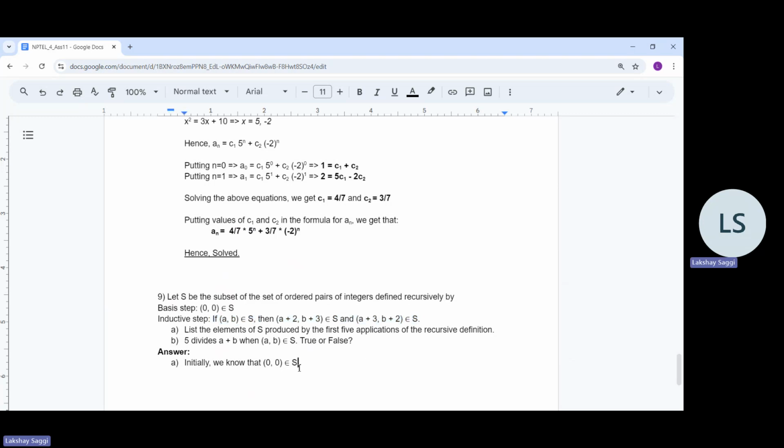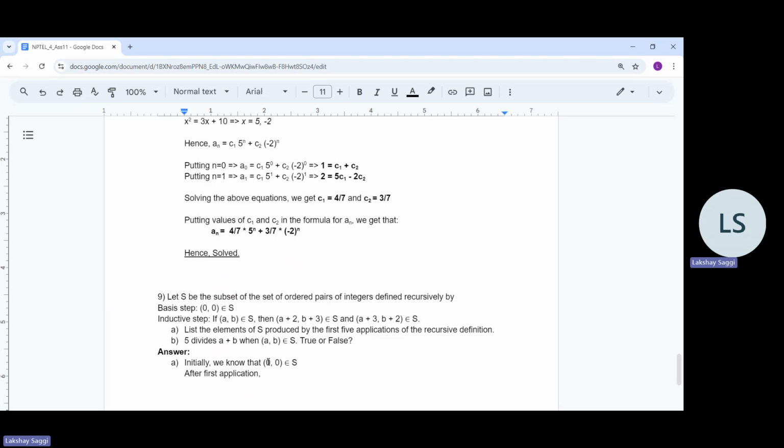So after the first application, what are the elements which we'll get?